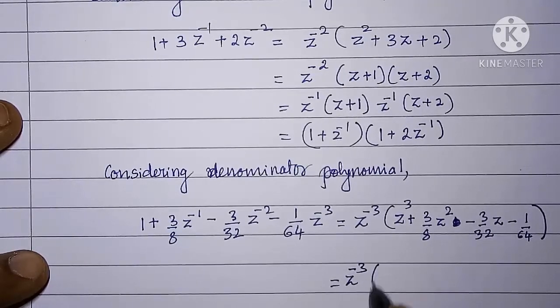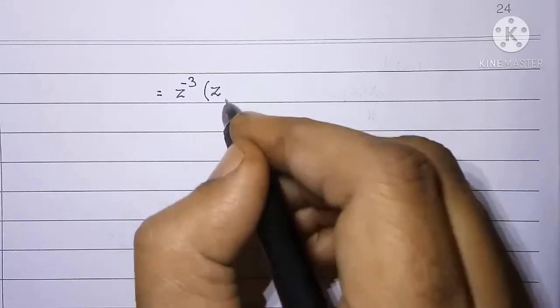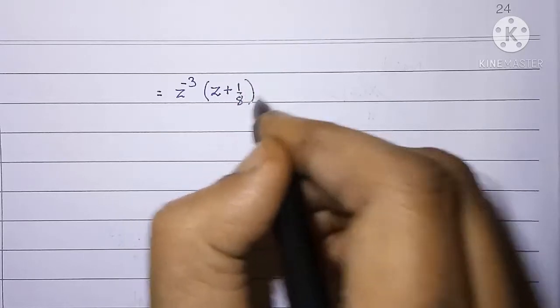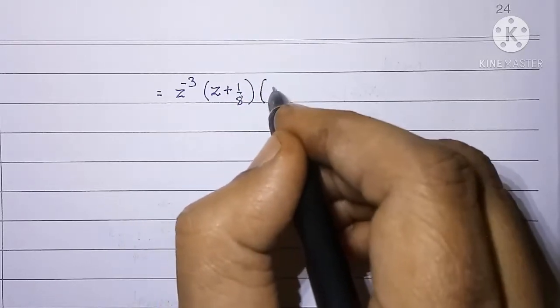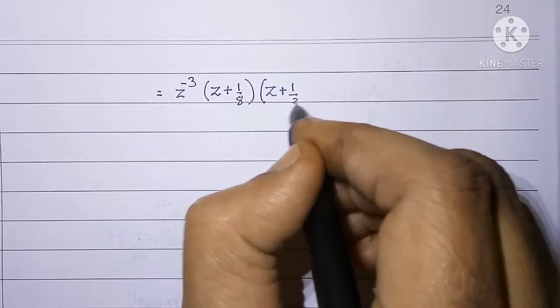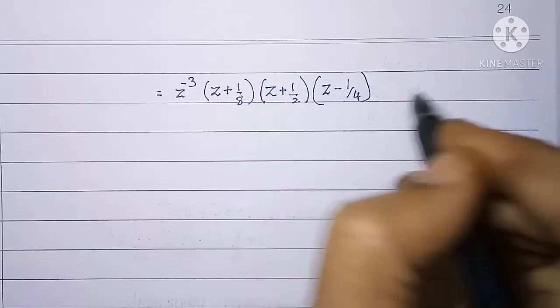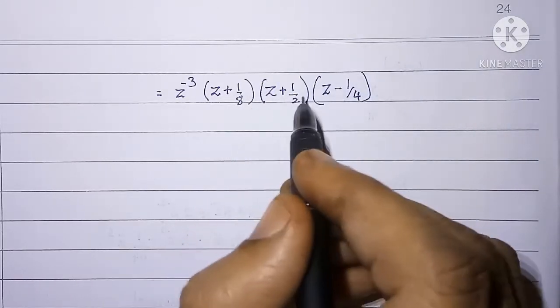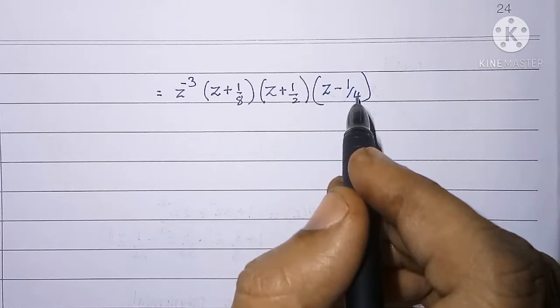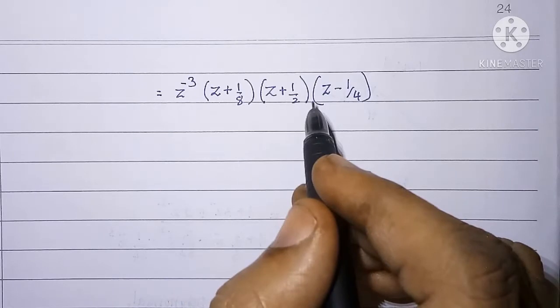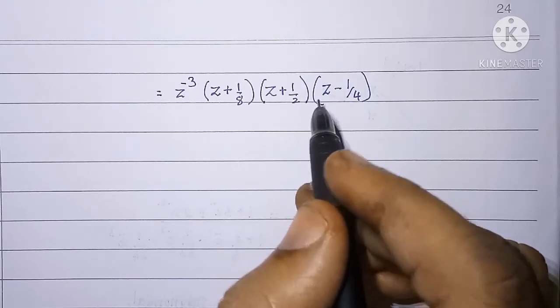Get z raised to minus 3 inside the bracket, z plus 1 by 8 into z plus half into z minus 1 by 4, where 1 by 8, 1 by 2 and minus 1 by 4 are the zeros of the cubic polynomial in the bracket in the above line. You can find out these zeros by using your calculator.